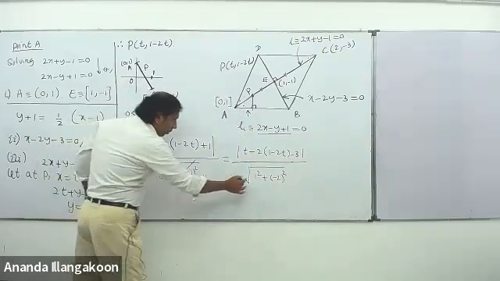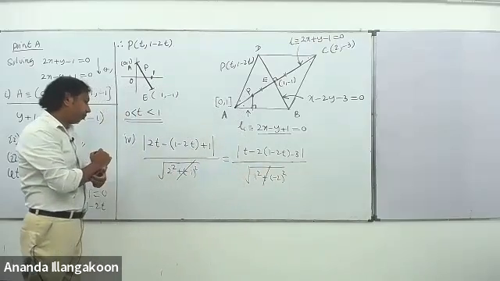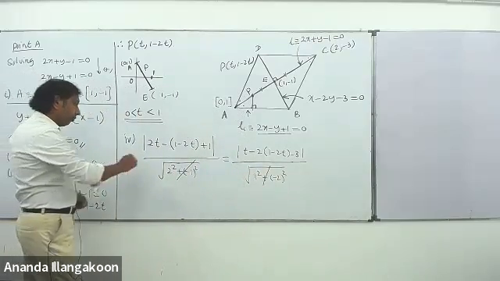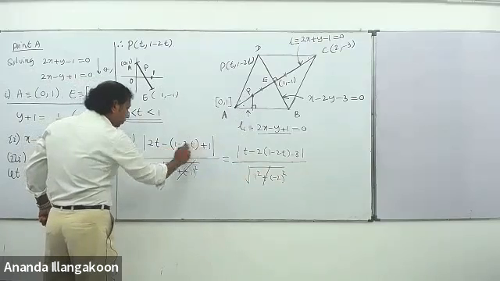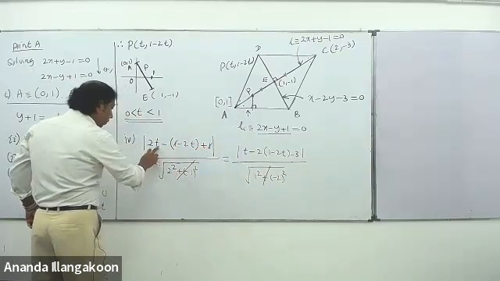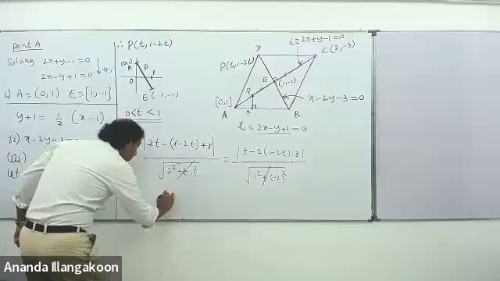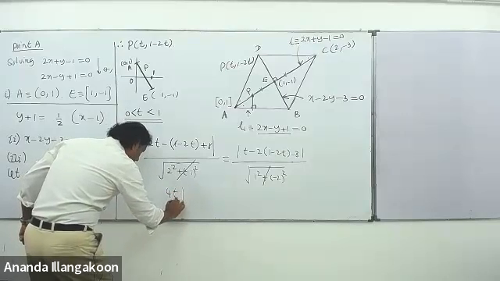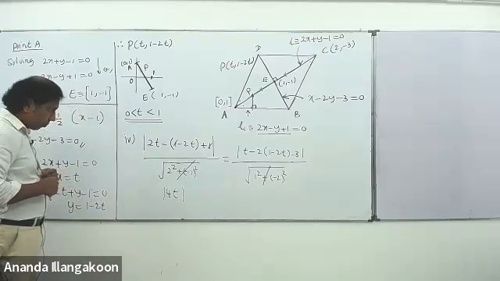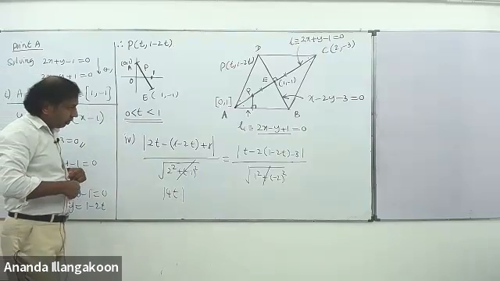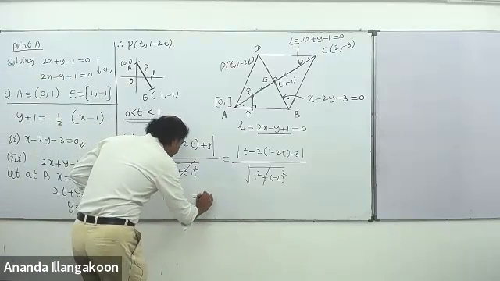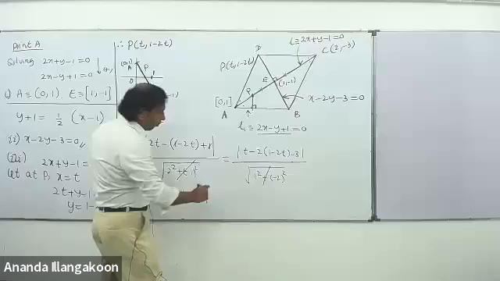These two you can cancel down. Here, minus 1 plus 1 you can cancel down. 2t plus 2t, 4t, modulus.